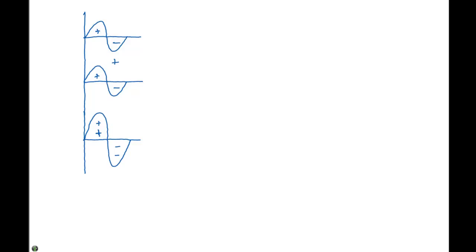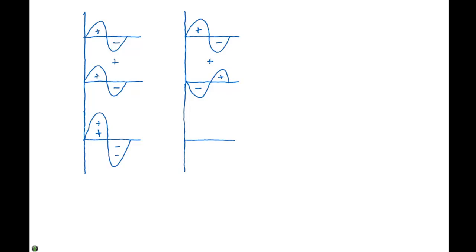If, on the other hand, we look at waves that are added together, and I add one wave that looks like this, and add that to a wave that looks like this, their amplitudes are going to cancel out.